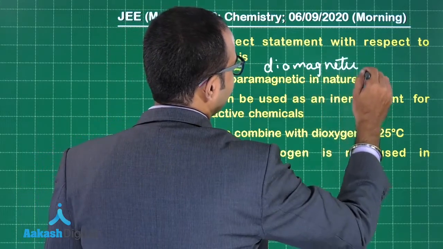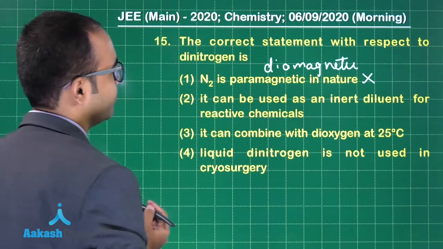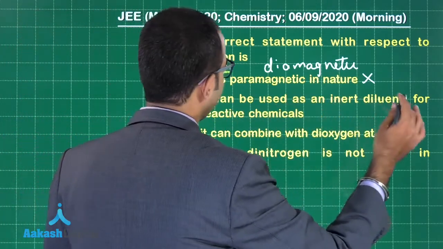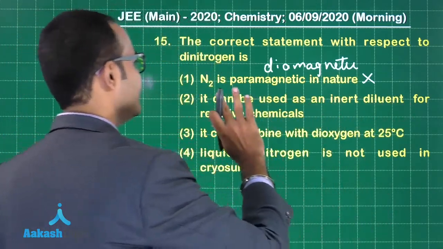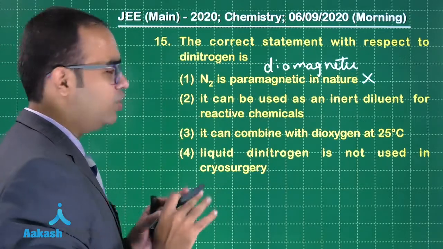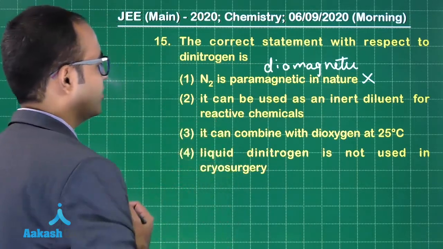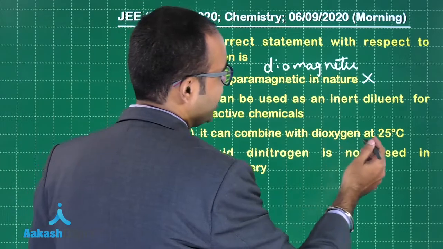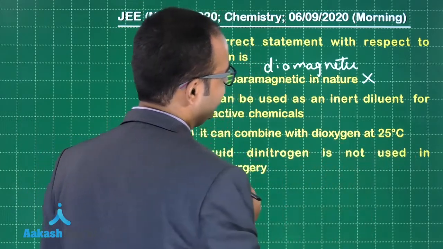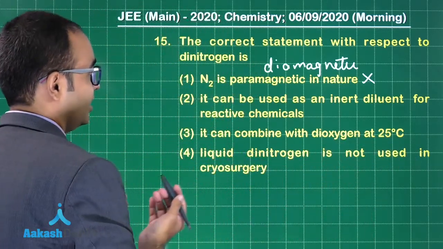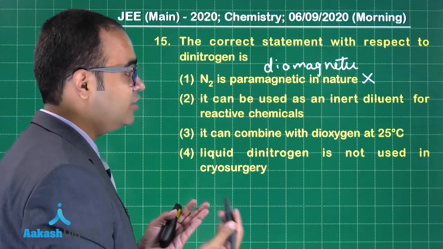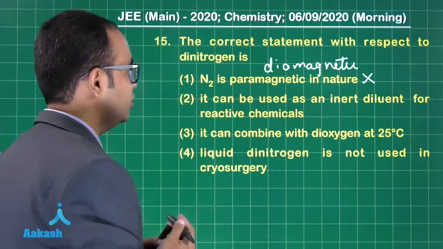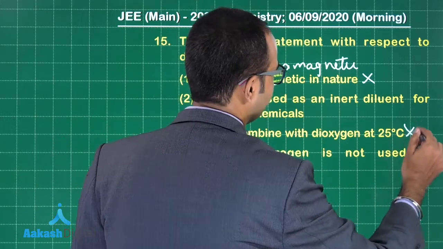So the first option is not correct. It can be used as an inert diluent for reactive chemicals. Let us keep the second option on hold. Let us look at the third and the fourth. It can combine with dioxygen at 25 degrees Celsius. It cannot combine because nitrogen is what? Nitrogen is inert. So the third option is also wrong.